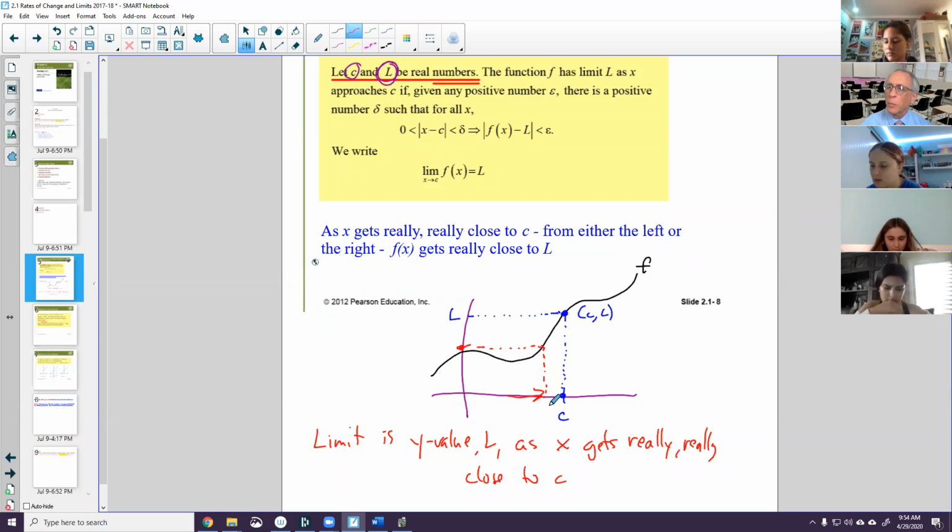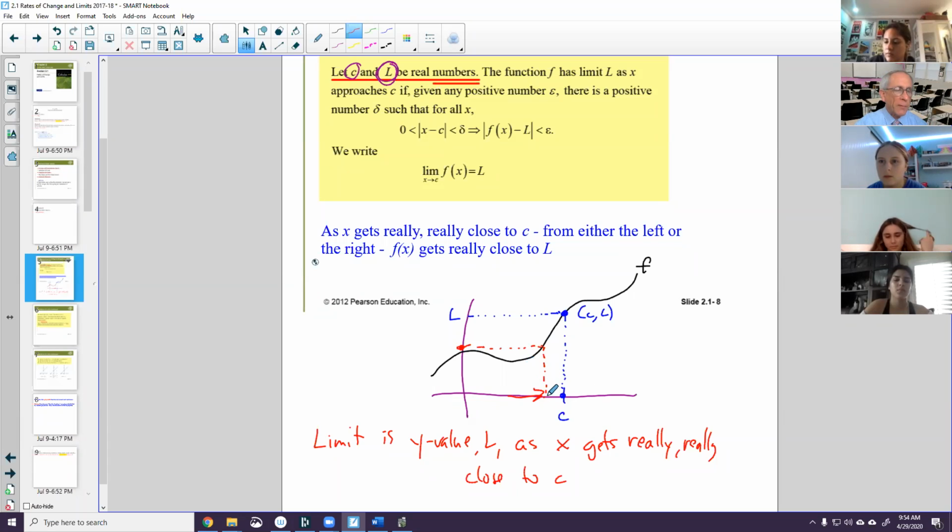Is that clear to everybody? If I could get you guys to put on your screen so I can see that you're following me, it would be helpful. All right. So at this point here, you can see that my y value would be that. Is everybody clear with that?